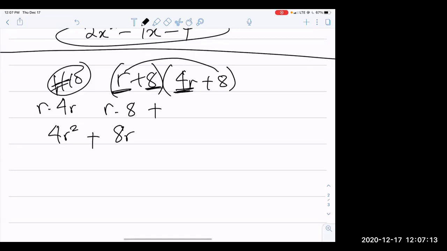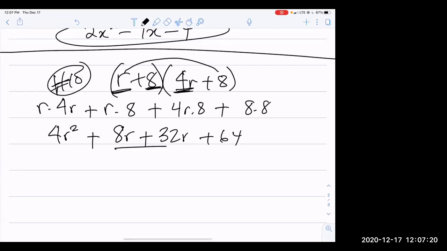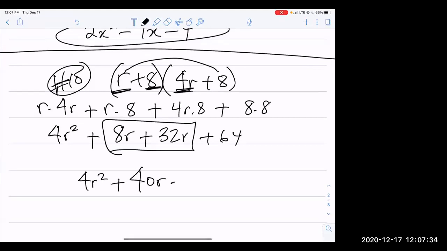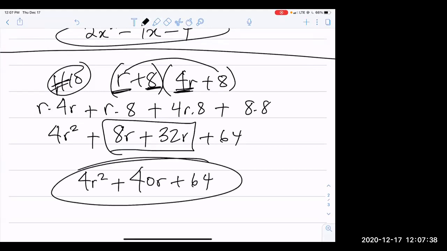And then we have this times this, which is 4r times 8, so 32r. And then 8 times 8 is 64. Remember, like terms are variables or letters in the same power. So they have to be the same letters because they both have r. So 4r squared plus 40r plus 64. So we have our final answer as 4r squared plus 40r plus 64.